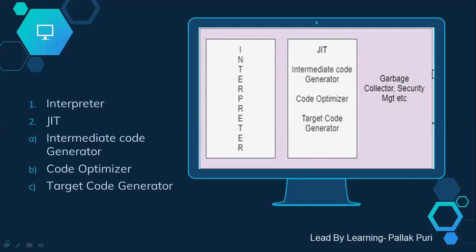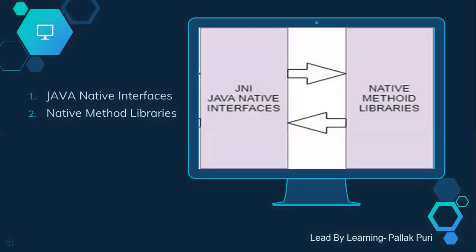And we can say execution engine is the central part of the JVM, just like our CPU or our processor, while execution engine requires native information, right? Now, in execution engine, native method libraries are also there. This is native method libraries.